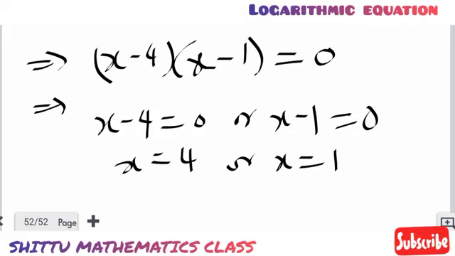And you try to put x equals 1 back into the equation also, and if the left hand side is equal to the right hand side, then you say x equals 1 is also a true solution to the equation. And that is that.